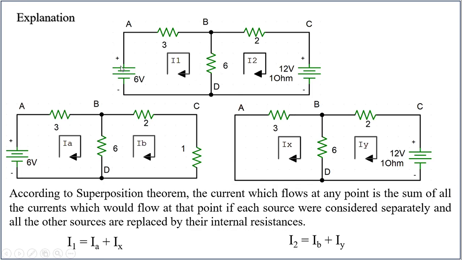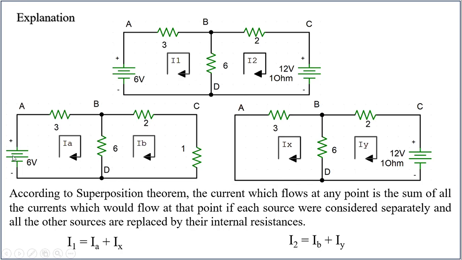The internal impedance of this is 0, so I replaced that with a short circuit. Here I considered only one source. So what I have done is, in the given circuit, I considered one source at a time. Here I consider 6 volts, I didn't consider the other one. Here I consider 12 volts and I didn't consider the other one.